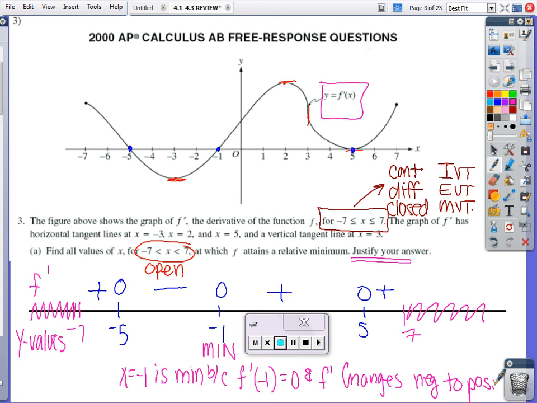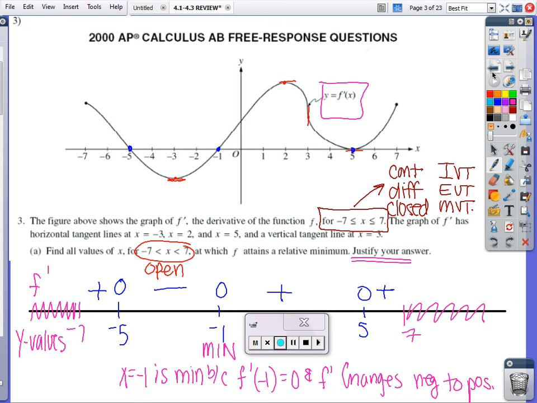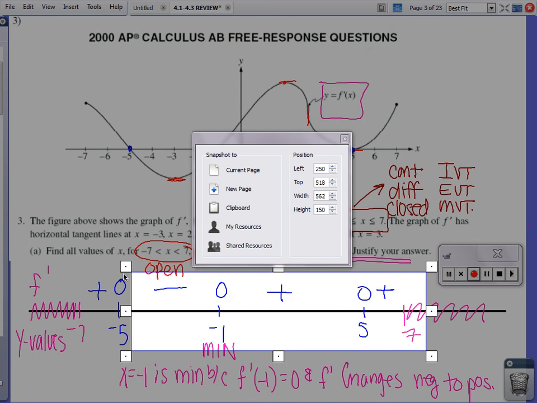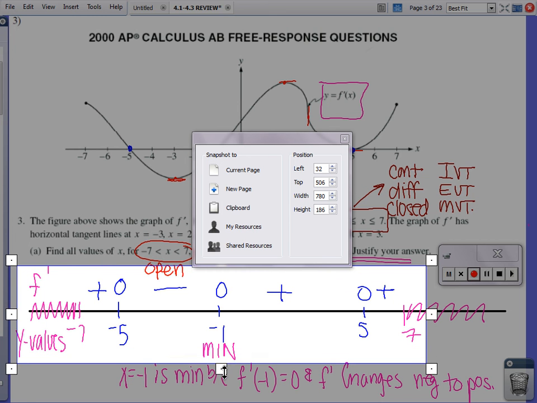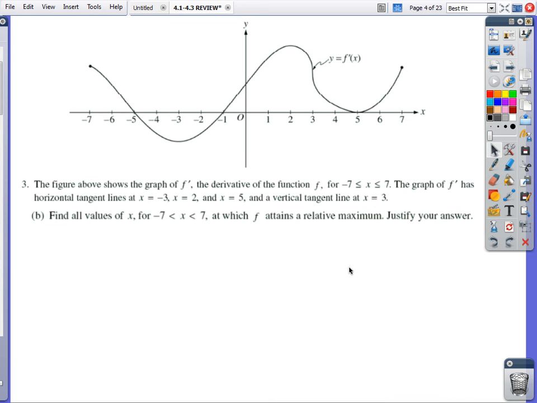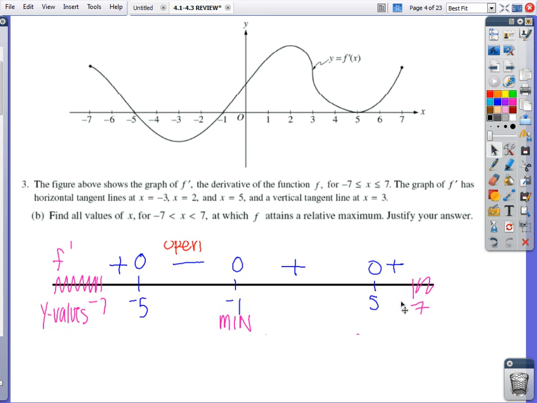All right, look at part B. Find the values where you have a maximum. So I'm going to go back and steal our sign chart again so that I can answer that question. Maximums occur when your sign changes from positive to negative.